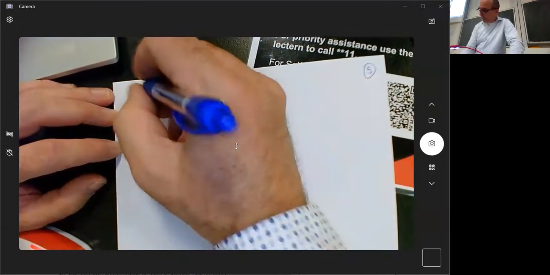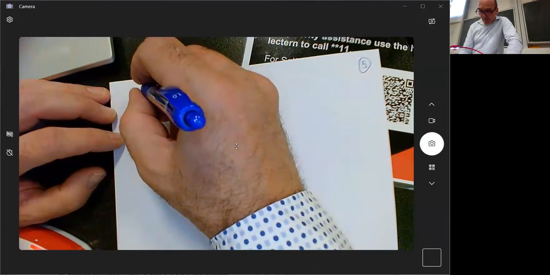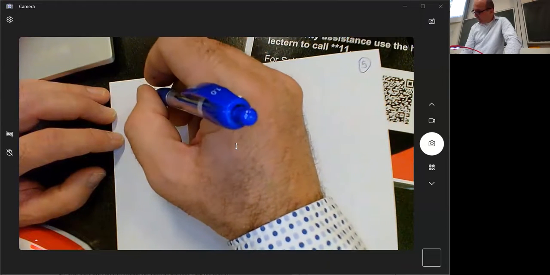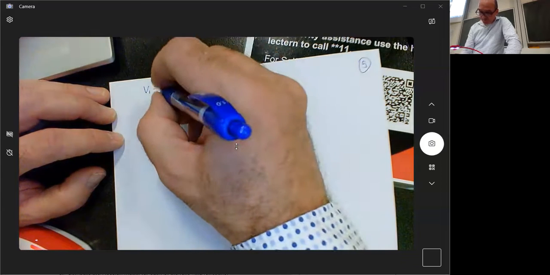Oh, hey. What we'll do is we'll actually go, if I'm going to take some vectors, I'm going to call it V1 is equal to, let's do that one.